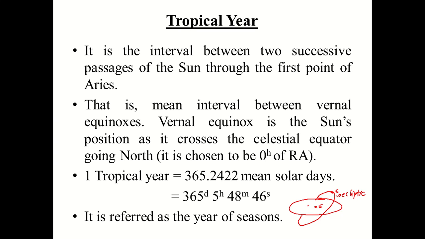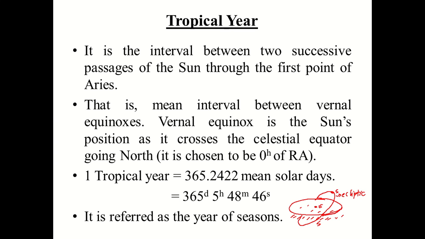Here it is the southern part. These parts are the southern parts of the reference plane, and these are the northern part. So this is the point which we call the vernal equinox. That is, the vernal equinox is the Sun's position as it crosses the celestial equator going north.